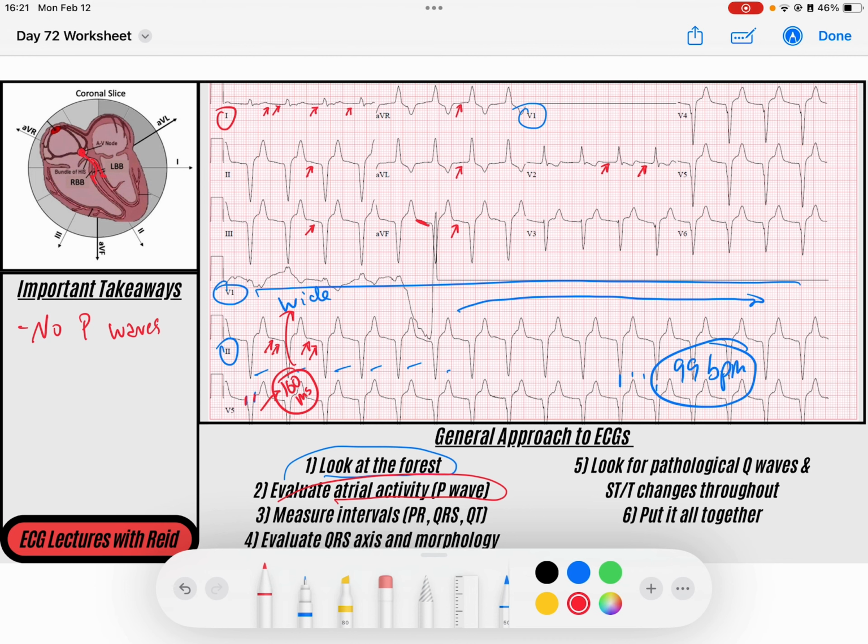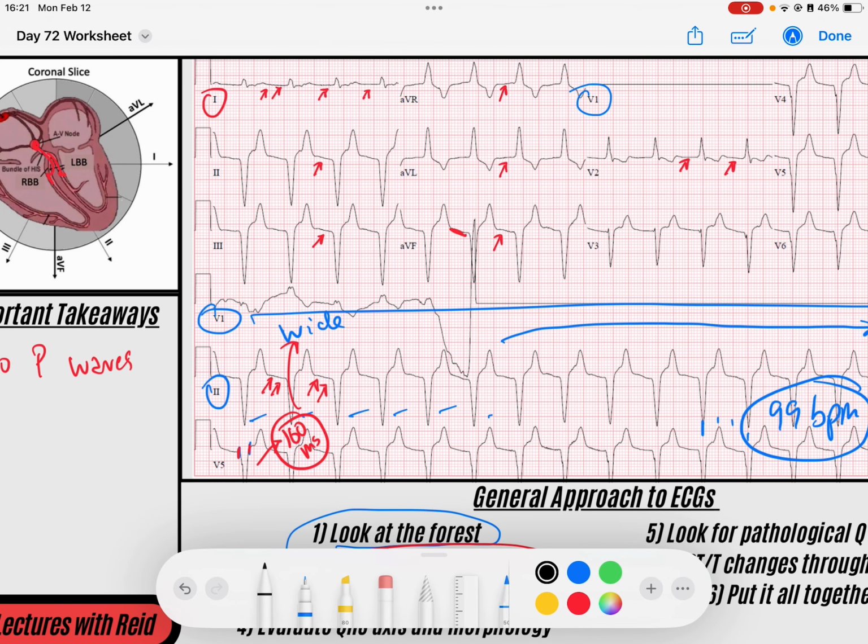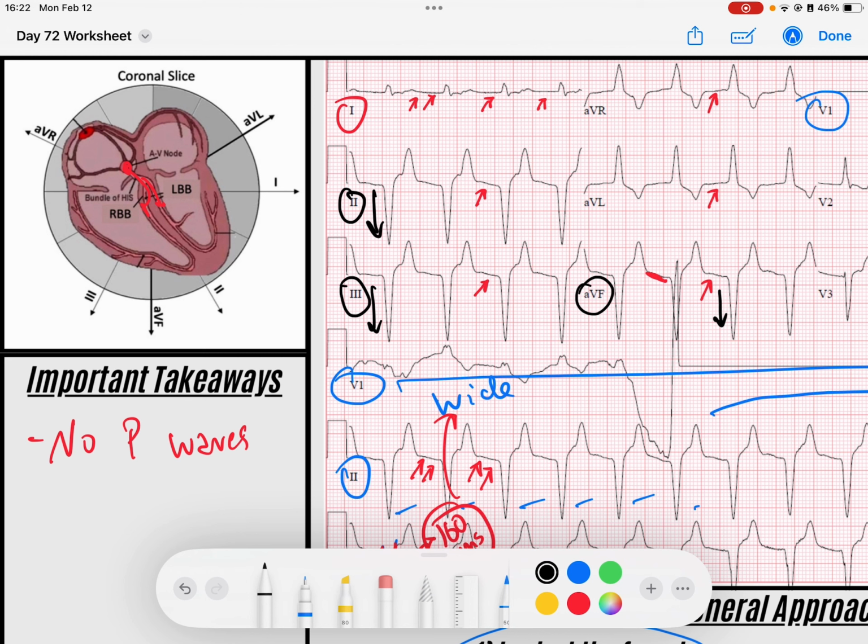And so let's just evaluate the QRS and work through what the characteristics of this QRS complex are. The axis of my QRS, if you notice, is negative in all of my inferior leads. My inferior leads are leads 2, 3, and AVF. So my wide complex QRS is negative in the inferior leads. You see here, leads 2, 3, AVF.